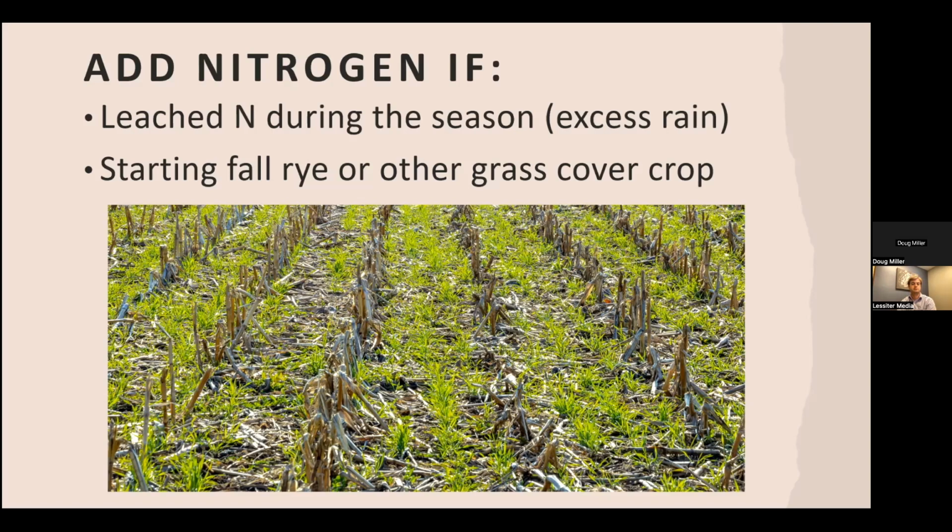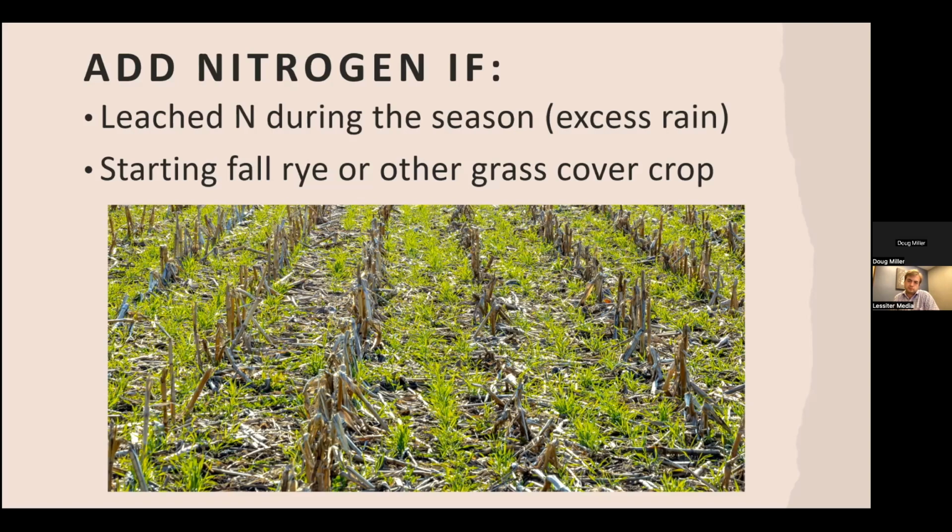And so if you're going to start a rye cover and grow it to 6-8 inches in the fall, if you get it started early enough, that's going to take somewhere between 20 and 35 pounds of nitrogen. And you're trying to decay residue at the same time, you might be looking at somewhere 50, 60 pounds of N required.